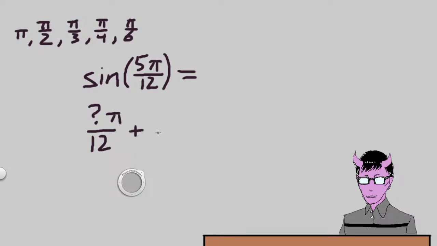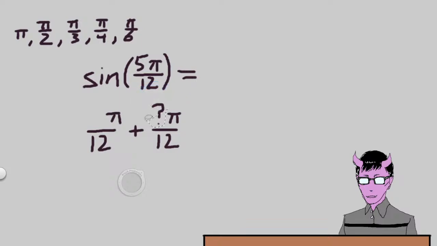And then if you assume plus, try to imagine numbers up there as well that you can split the 5 into. Well, 5, we can split into 5 plus 0, which is not very useful because that is what we're starting with. So don't do that one. We can do 4 and 1. So if you split up 5 pi into 4 pi plus 1 pi, let's see what that looks like.